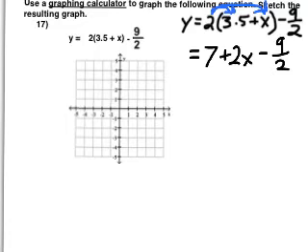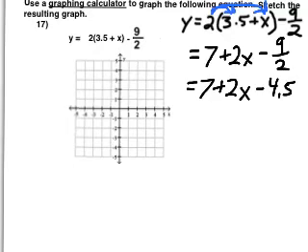I'm going to convert 9/2 into 4.5. So this equals 7 plus 2x minus 4.5. Yeah, because I'm going to subtract the 4.5 from 7. 4.5 from 7 is 2.5.